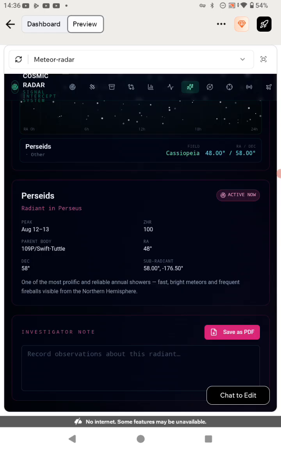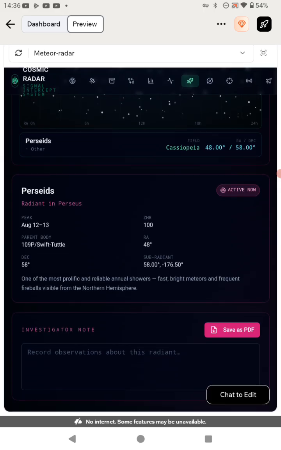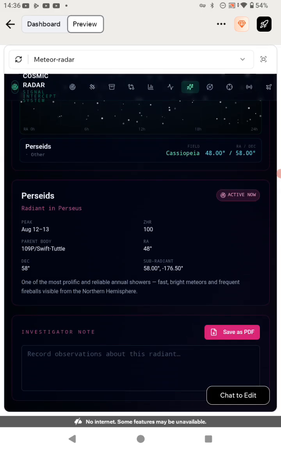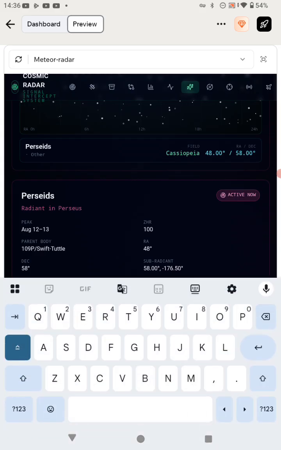So what happens if I activity now? Okay. I don't know if that's working or not. Again, like I said, it's still in the testing procedure. Now, there's a place here where you can write your own notes for investigations.